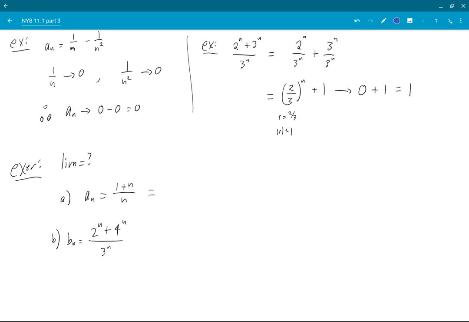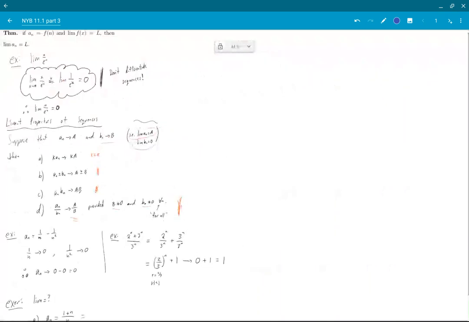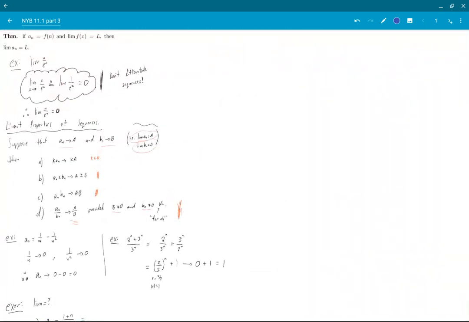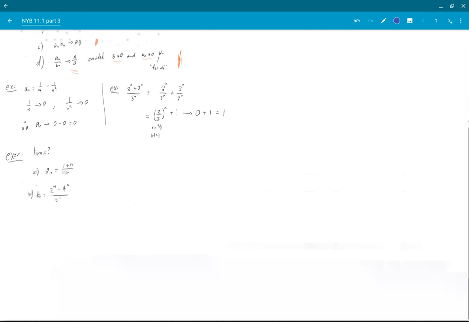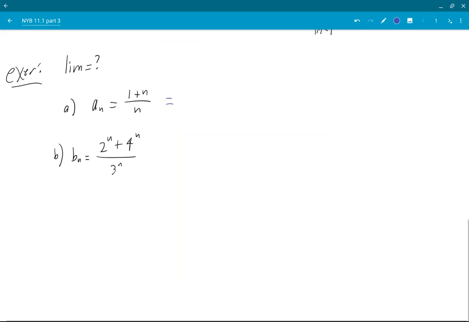So for this one, I could use my theorem above there. I could use the theorem at the top here if I wanted to, and then invoke L'Hopital's rule. Instead, I'm just going to break this up. This is 1 over n plus 1, which goes to 0 plus 1, which is 1.